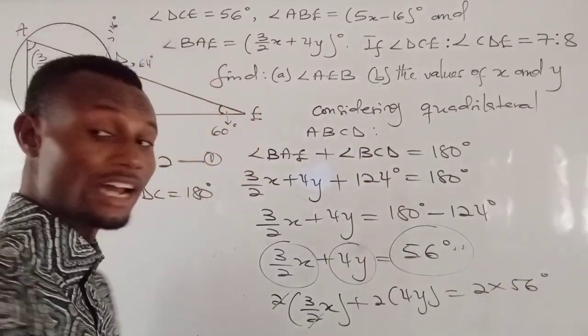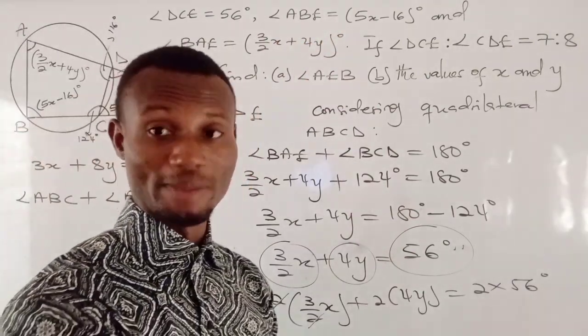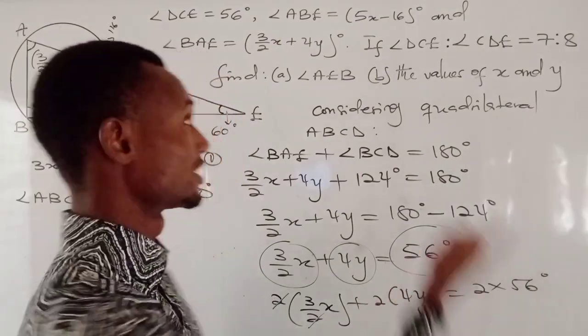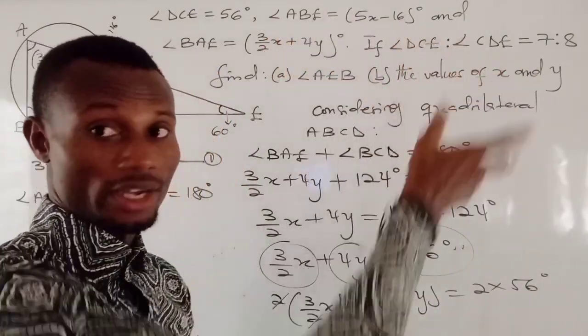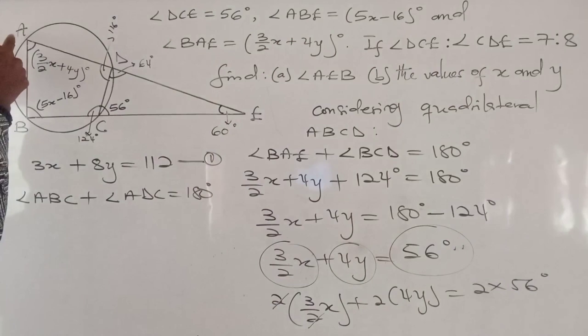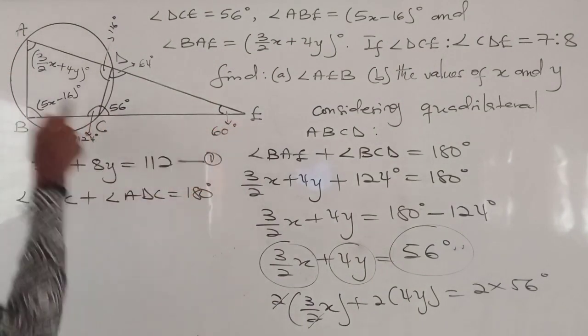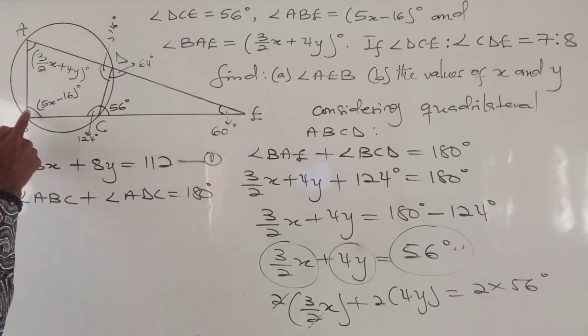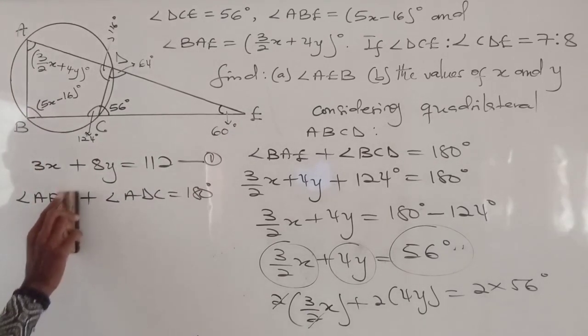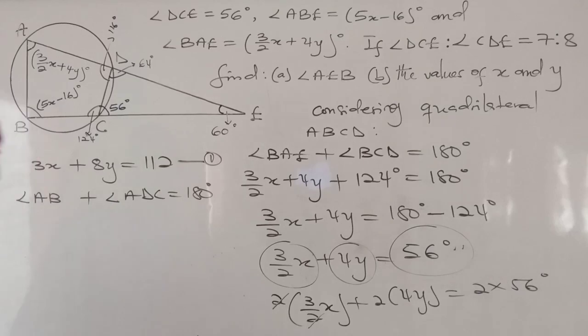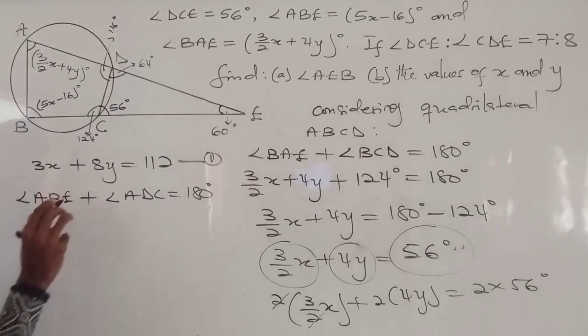In order for you not to get confused, let's just maintain what the question gave us, which is the angle ABE, which is actually the same as me saying angle ABC. Either angle ABE or angle ABC is the same, referring to this angle. So let me make here E, so that no one gets confused about it.